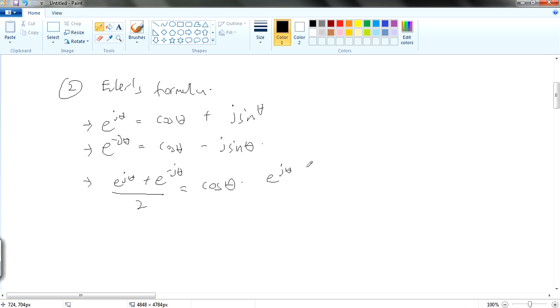And then similarly I can represent sine in terms of this equation. It will be provided as 2j.